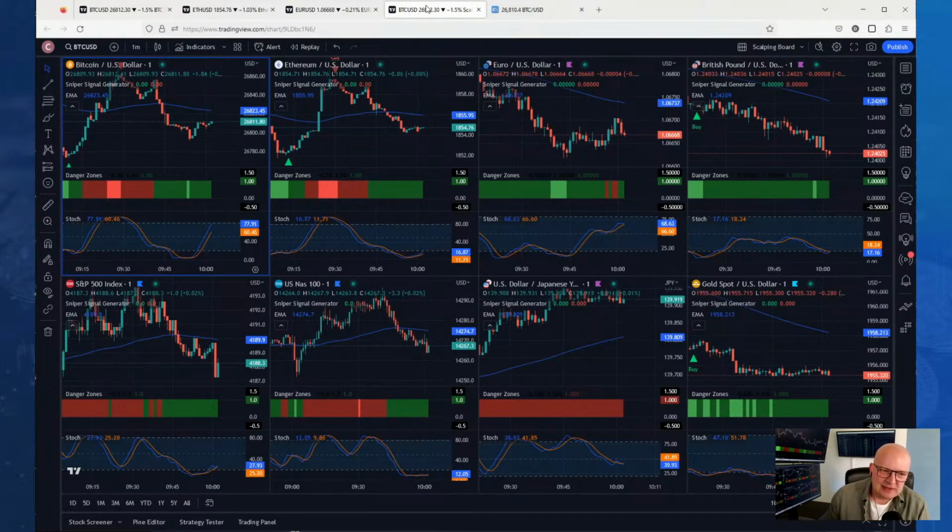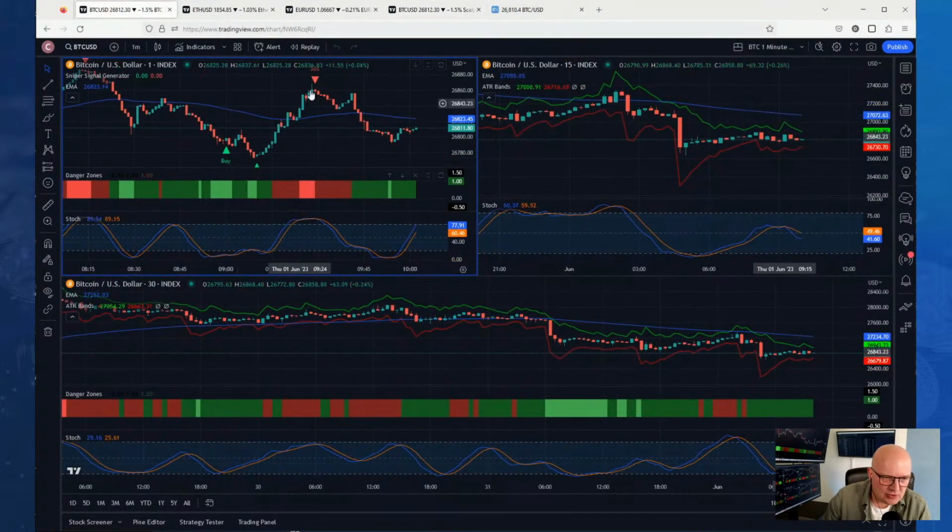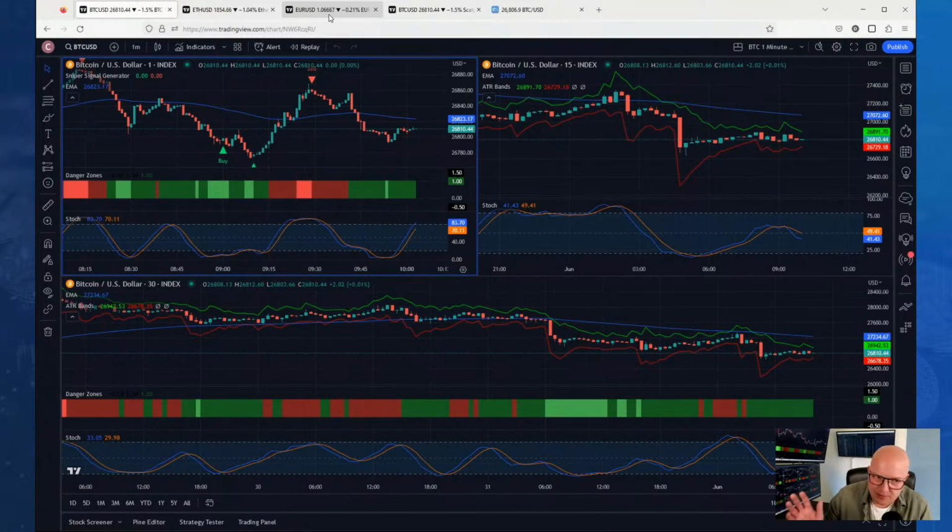Whenever there's an arrow appearing here, for example, we had some buy and sell arrows in Bitcoin this morning already, I'm using that as a means to draw my attention to that chart. It doesn't always mean that I want to take the trade immediately, but I know there's something going on in the chart, maybe a trade. As I said, normally I use this on longer term charts, normally hourly charts.